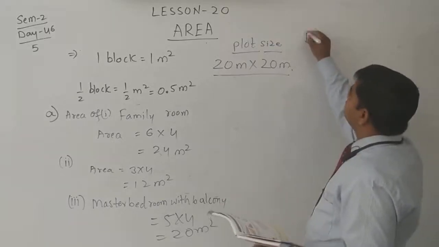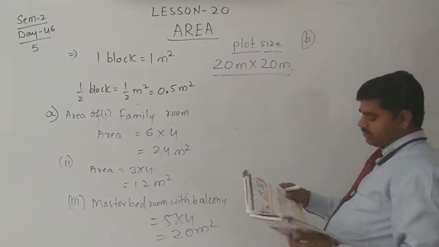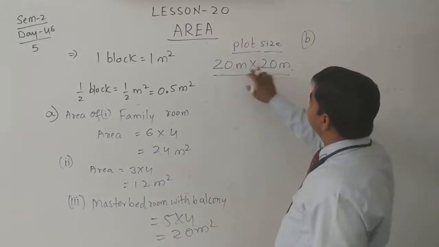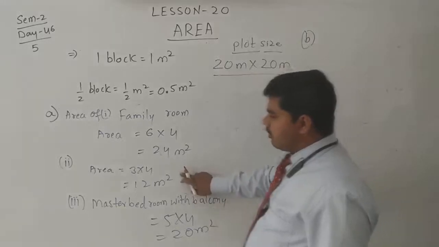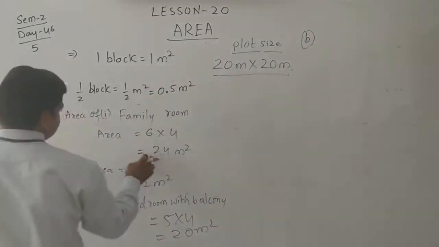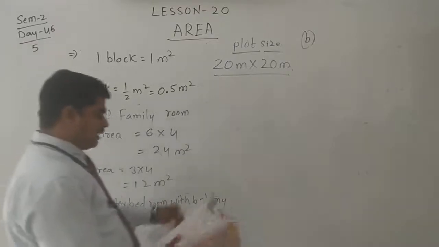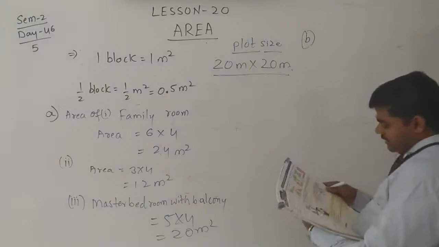Now question B is total area of Minty's house. By this also we can find. Otherwise, we can add this area 24 meter square, 12 meter square, 20 meter square, like that. Total area we can write and find.